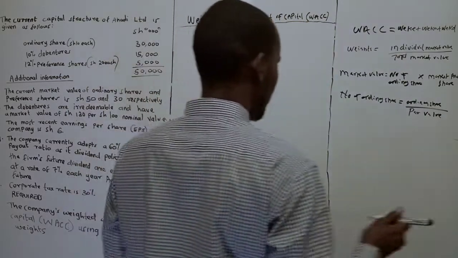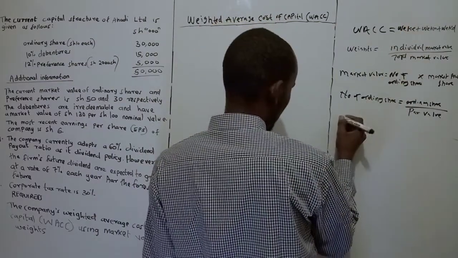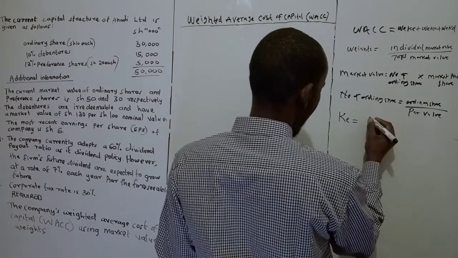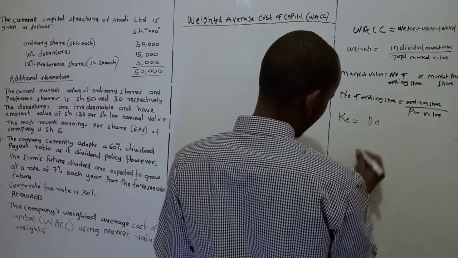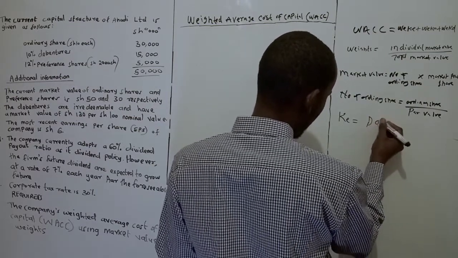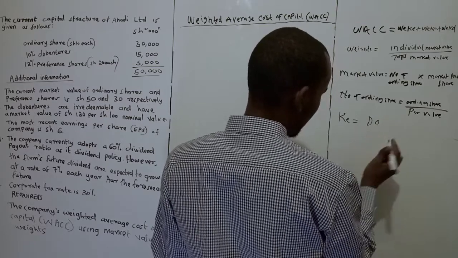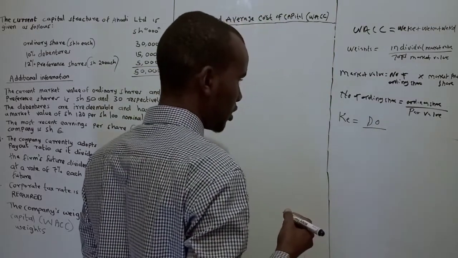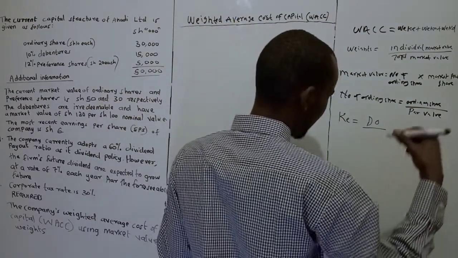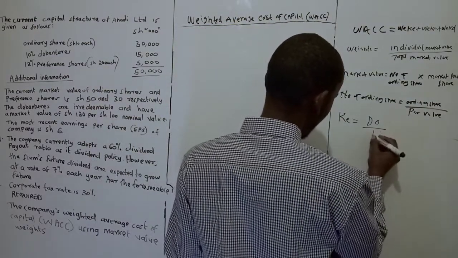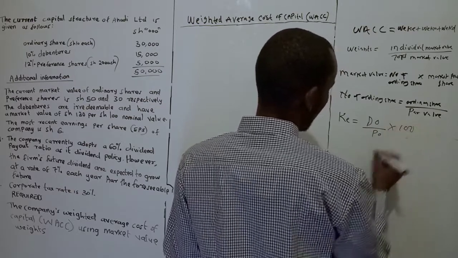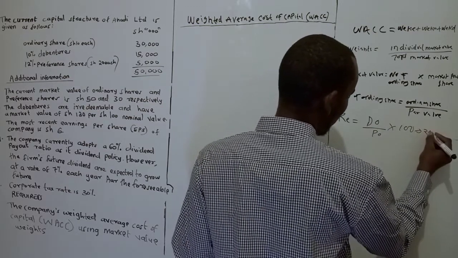And remember, for us to get the cost of equity, we normally take the dividend per share, D0. Sometimes it may have a growth rate. If it does not have a growth rate, it is just D0 over P0 times 100. This is the zero growth rate case.